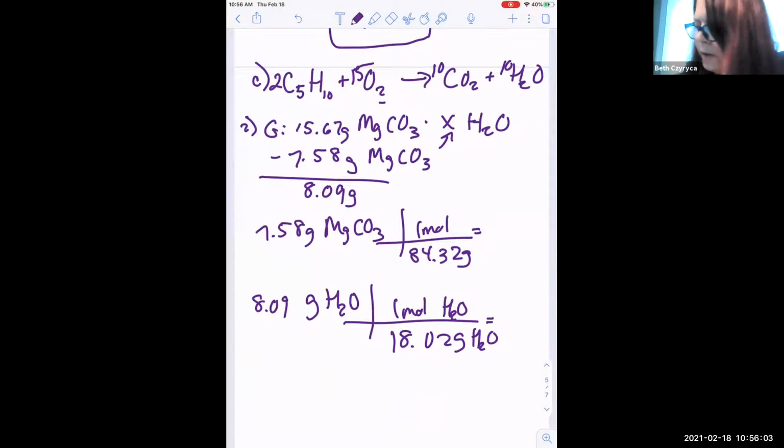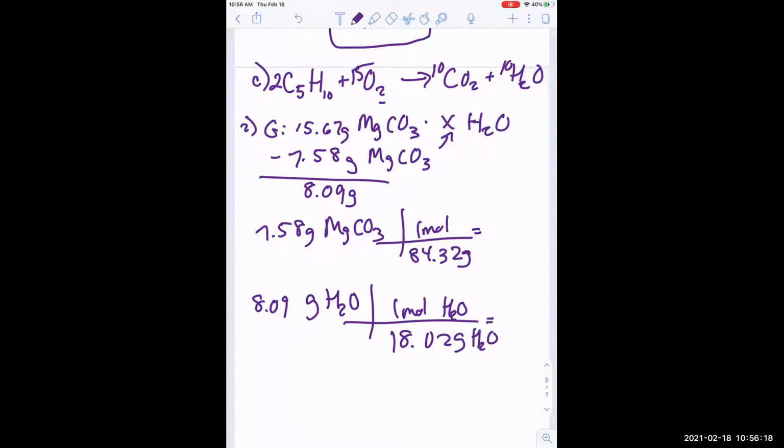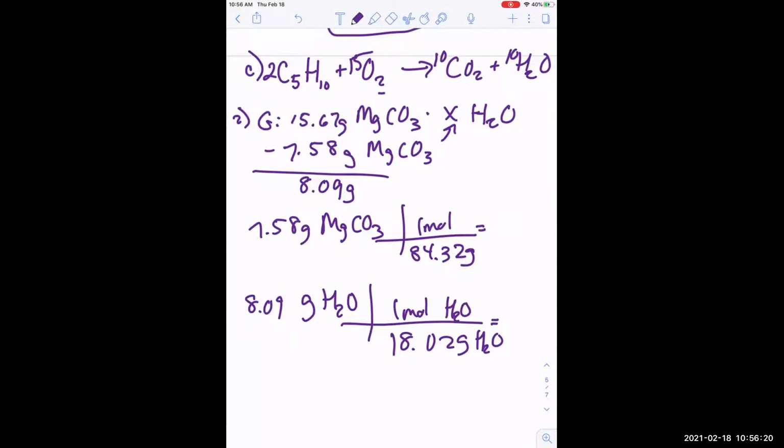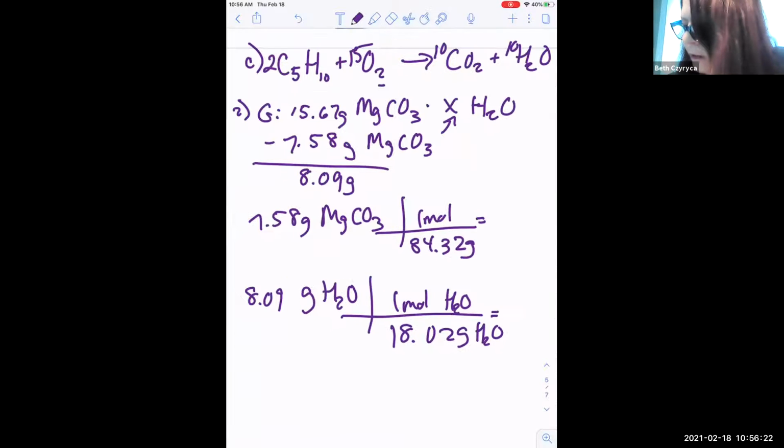Divide 7.58 by 84.32. Somebody else. Jake Robinson, could you do this part of the problem, the 7.58 divided by 84.32?